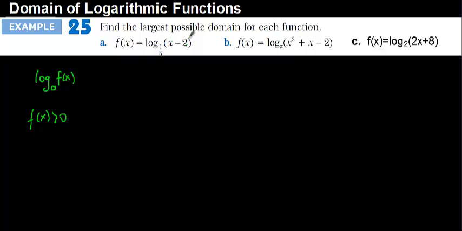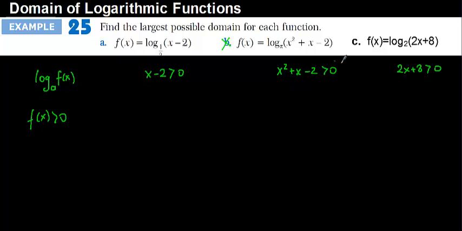So we are going to check whether this is greater than 0 or not, for finding the possible largest domain. We are going to find x is greater than 0, or x squared plus x minus 2 is greater than 0, or 2x plus 8 is greater than 0.